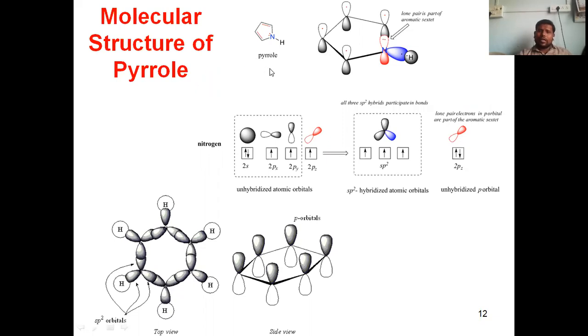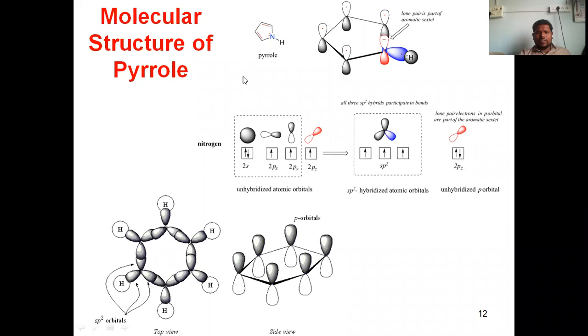From the structure you can understand the bonding nature, orbital nature, how the electrons are delocalized, the hybridization, bond angle, geometry, and whether it is a nucleophile or electrophile. All these things are related to the structure, so the molecular structure study of the molecule is very important.